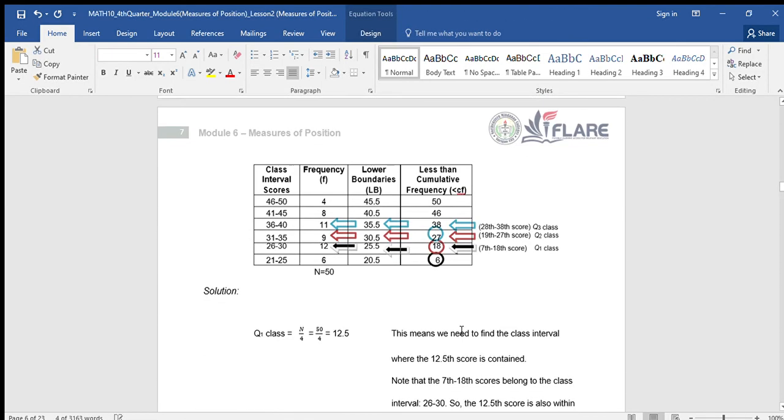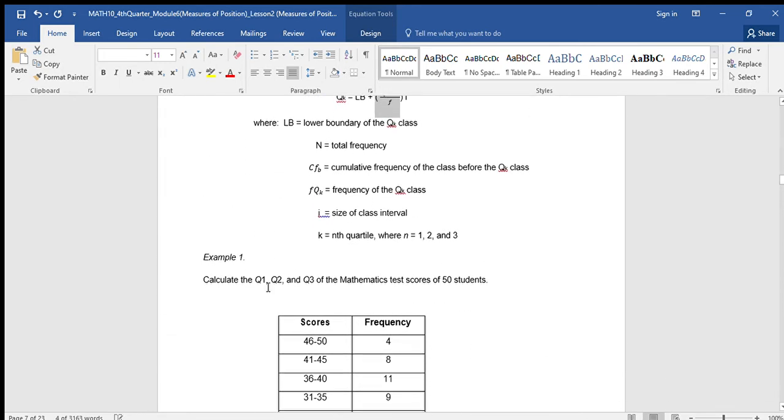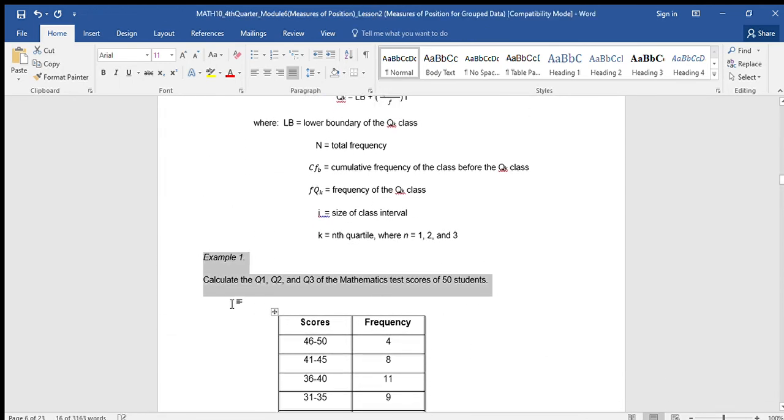So, ang pangutana sa atong problem, calculate the Q1, Q2, and Q3 of the mathematics test scores of 50 students. Ang K nato mao na ang nth quartile nga gipangita. And sa quartile, naay 1, 2, 3.